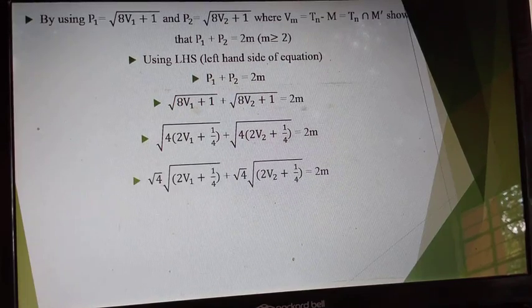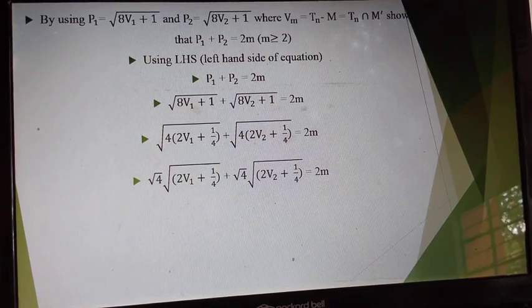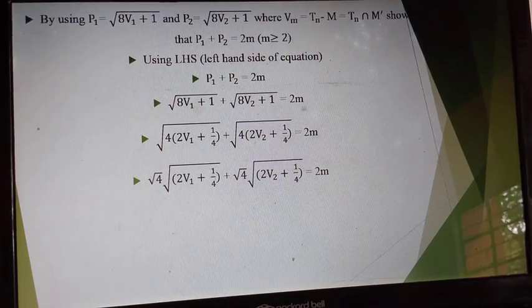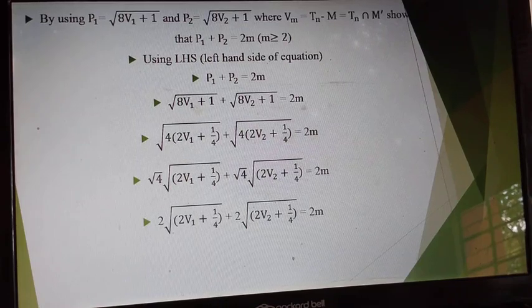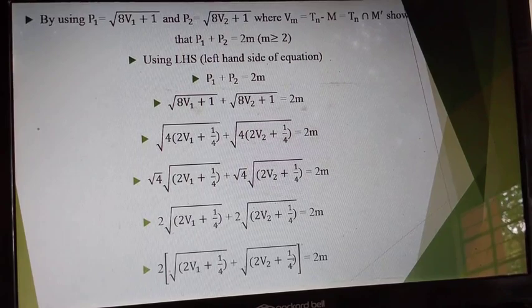Then we find the square root of each independently, the square root of 4 and the square root of the other part. The square root of 4 outside gives us a 2. Then we factorize the 2, and we end up with what is inside the square brackets.